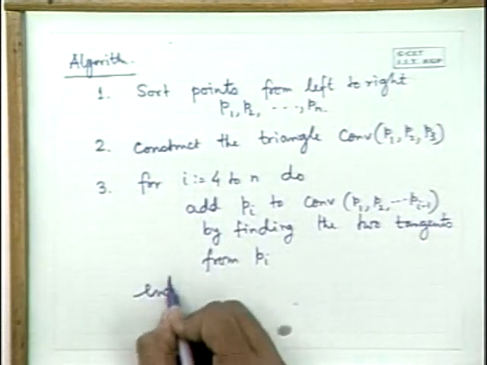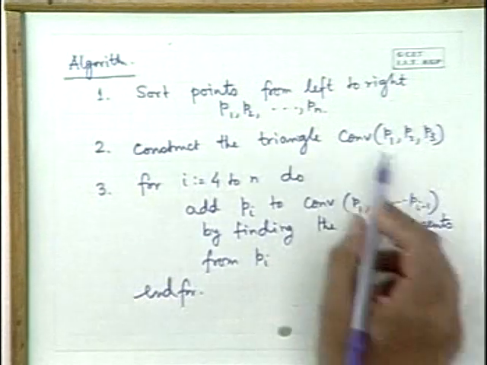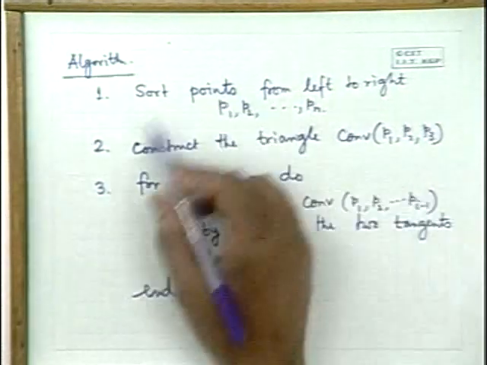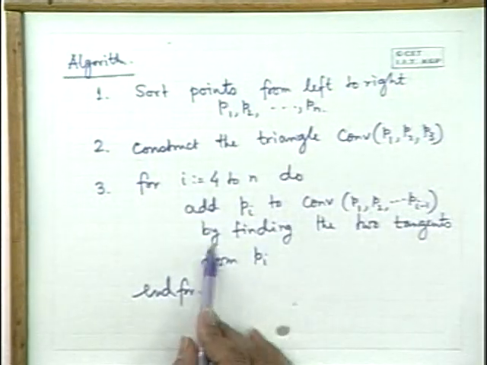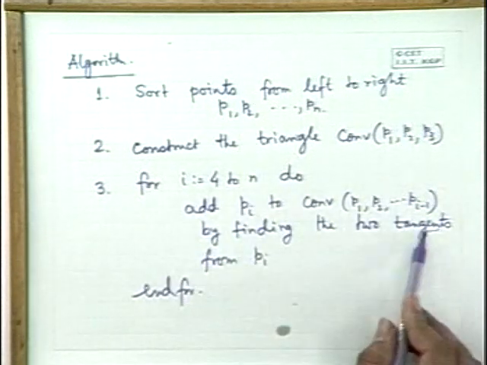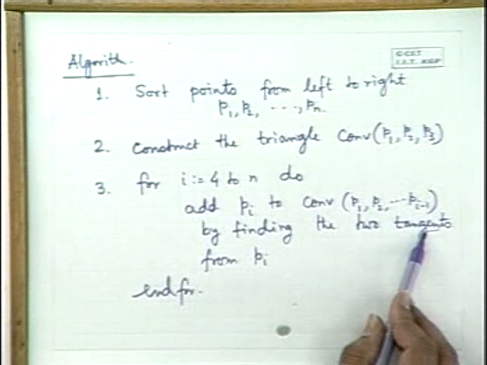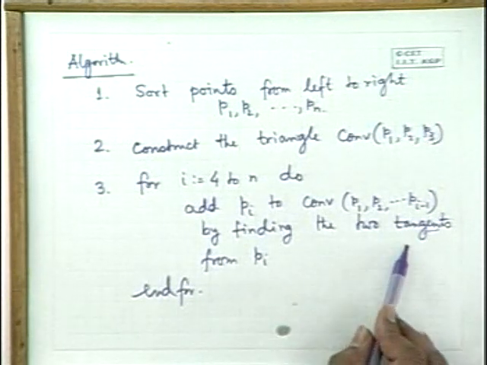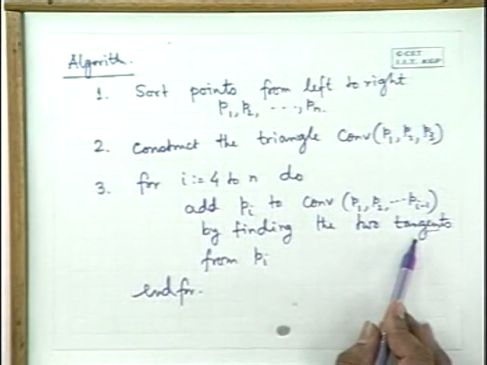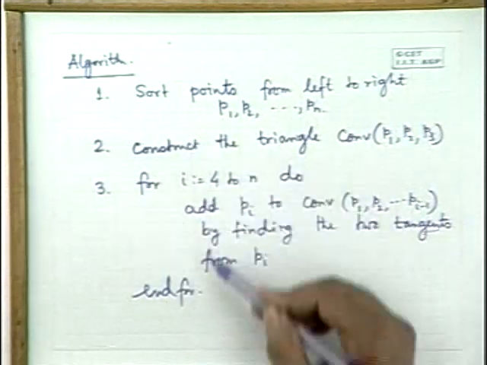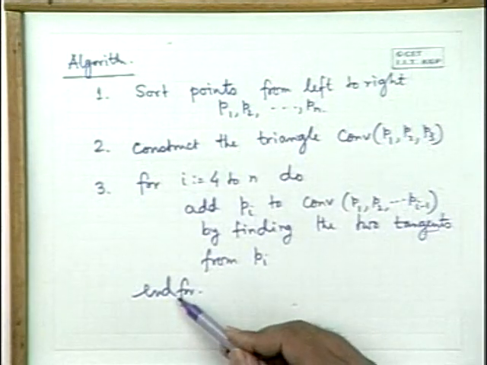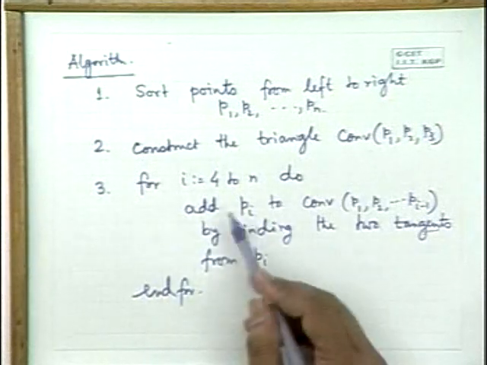This is a very high level algorithm. I have already explained this step, but I will write it down later. How to find these two tangents I have explained, but I have not given the pseudocode. I will give you the pseudocode later. But this is the entire iteration. From 4 to n, we have to do it again and again.